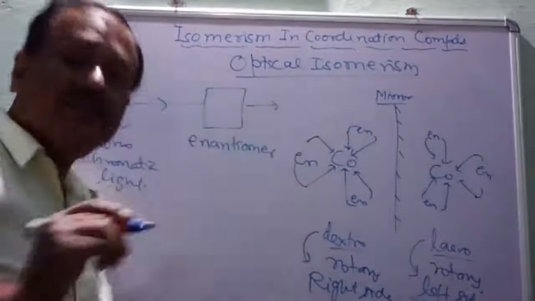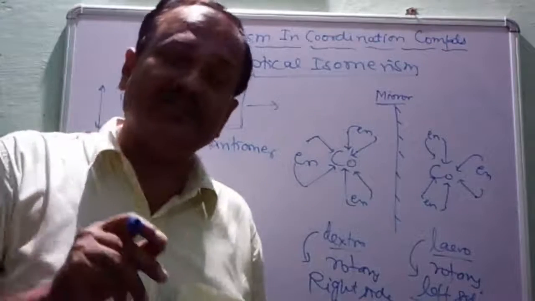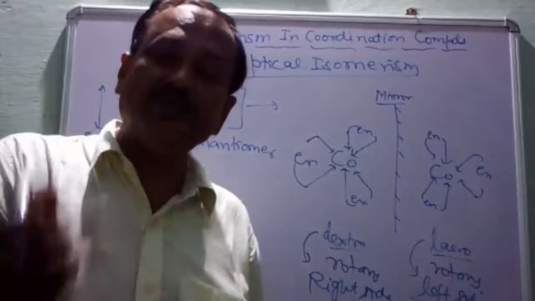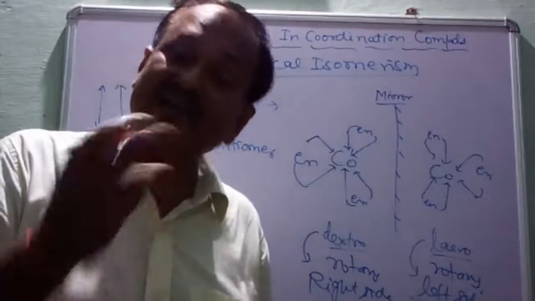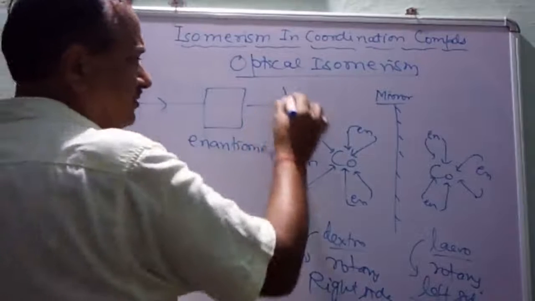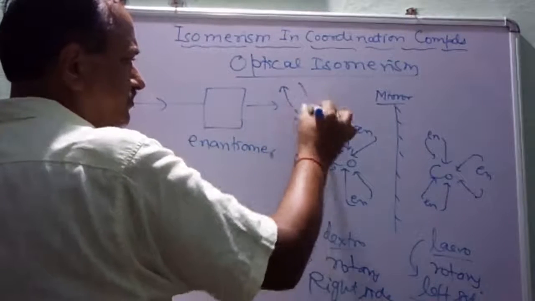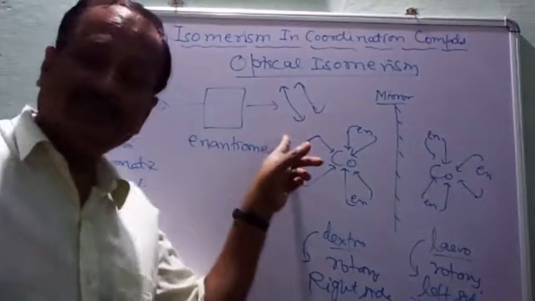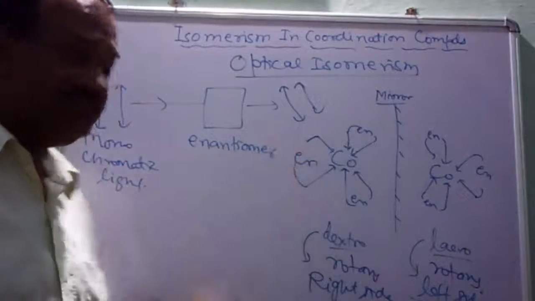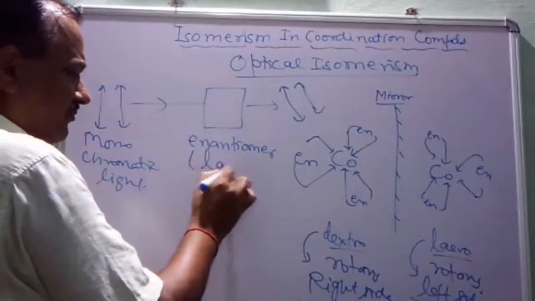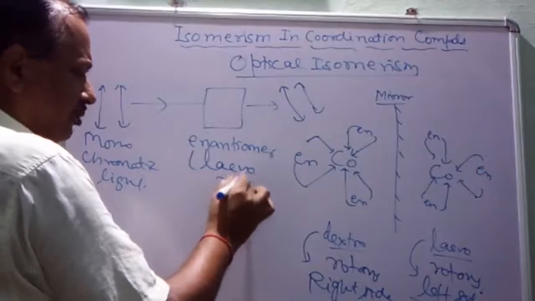This enantiomer has the capacity to rotate the axis either to the left side or to the right side. Only one will happen. This is left hand rotation, so here the enantiomer will be levorotatory.